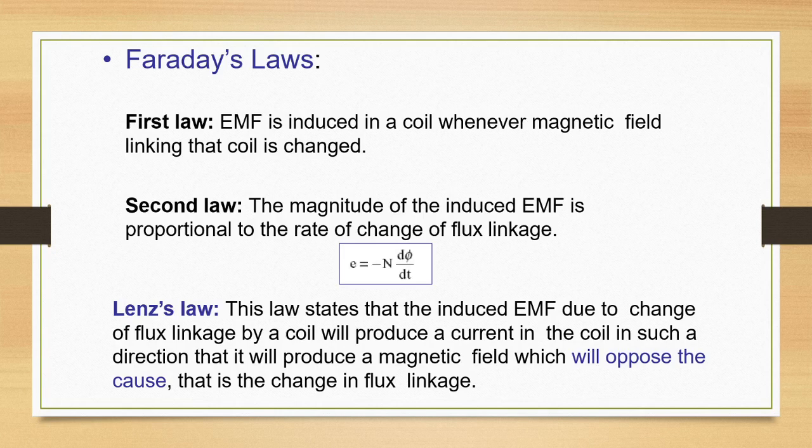Same flux, if you are putting another coil nearby to this first coil, and the same flux is linking with the second coil also, EMF is induced in the second coil, that is called mutually induced EMF. So statically induced EMF is divided into two types: self-induced EMF and mutually induced EMF. Is it clear, students? What I am telling here? There are two types of EMFs induced: dynamically and statically induced EMF. Okay, so dynamically in case of DC generator, statically in case of transformers.